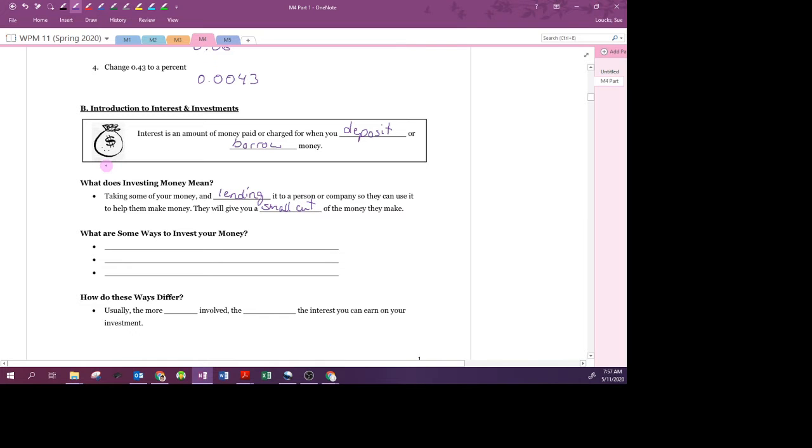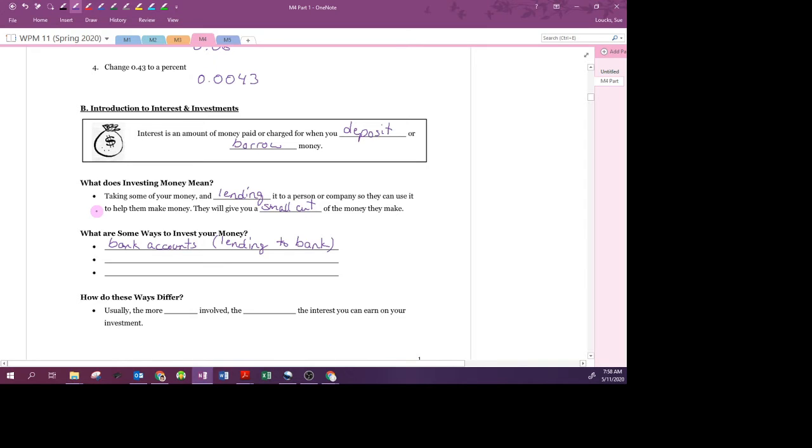What are some ways to invest your money? Bank accounts. When you have your money sitting in a bank account, you are actually lending that money to the bank. The money doesn't actually sit in your bank account. They take that money and they lend it out to somebody else at a higher rate of interest.